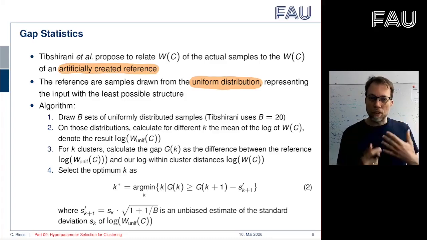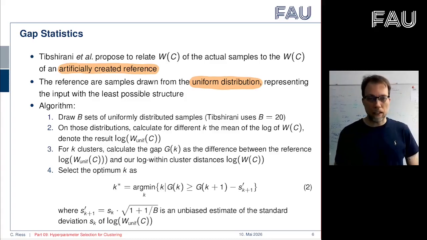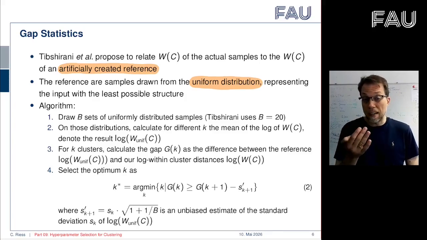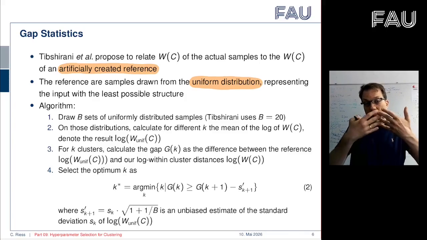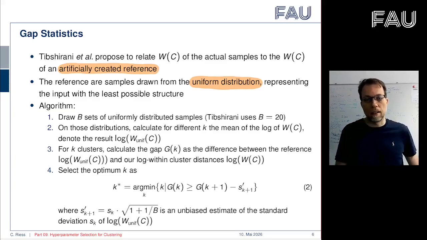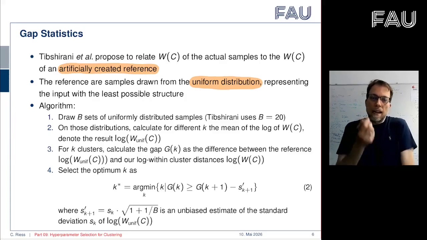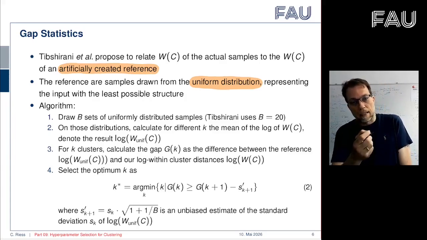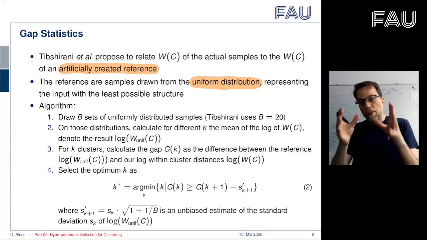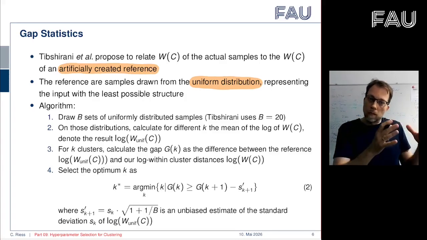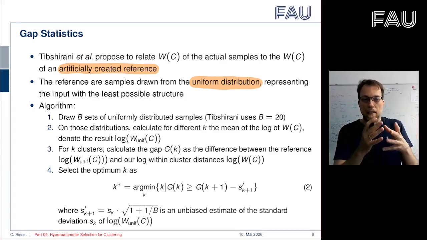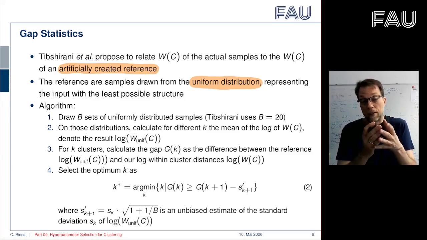It's a distribution with the least possible structure, so there's no potential for compressing anything if I see the vector quantization as an encoding problem. And then I can relate the within cluster distances from that uniform distribution with the within cluster distances that I obtain on my actual data.